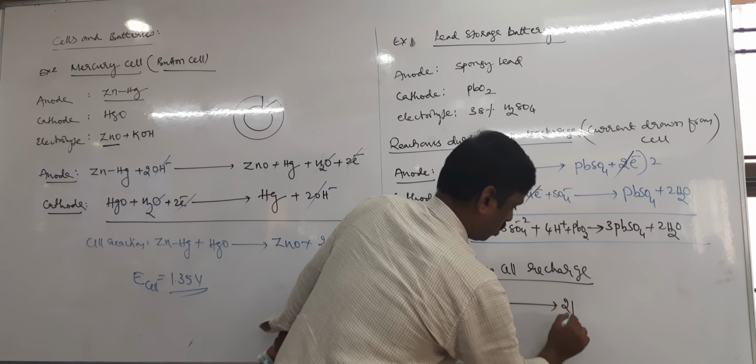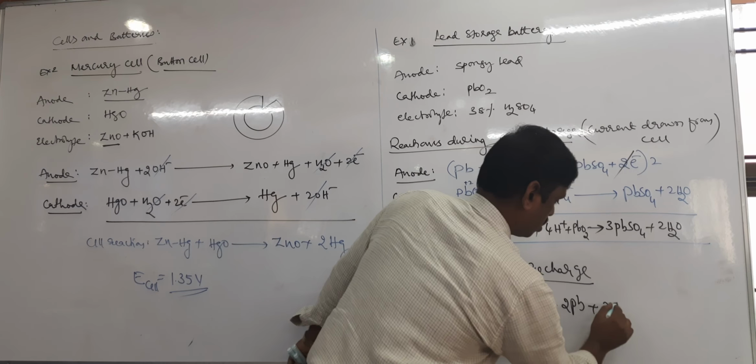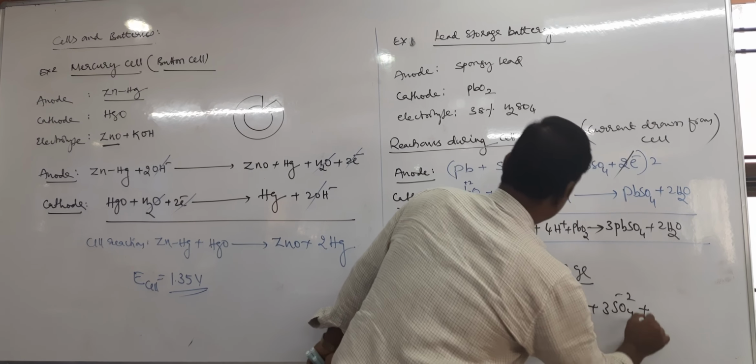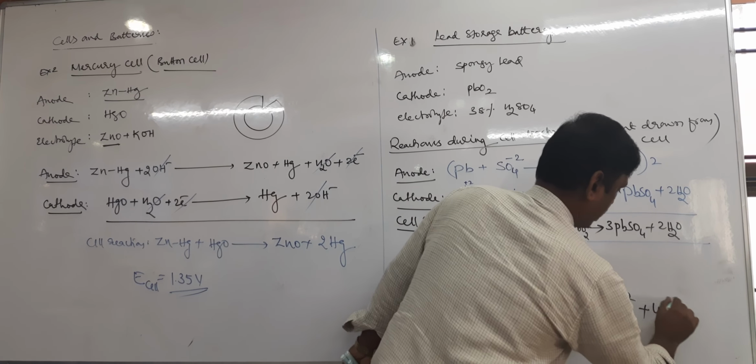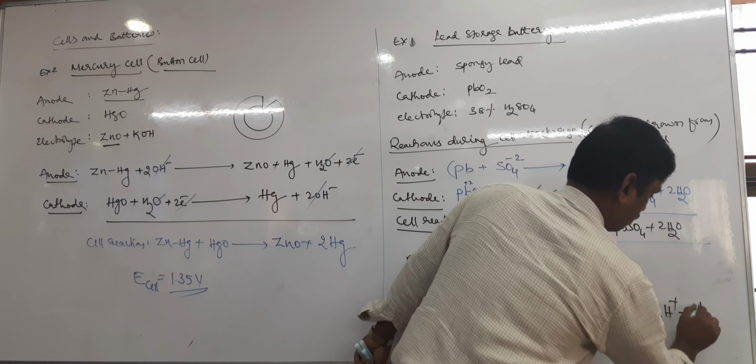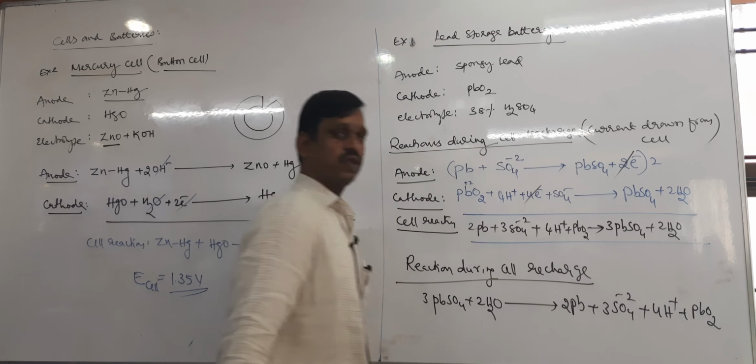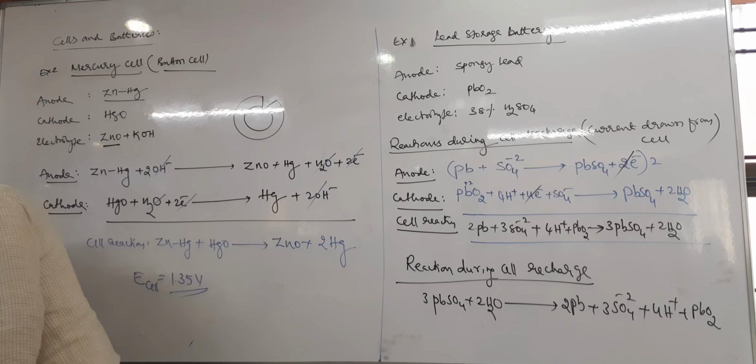So therefore 2 Pb plus 3 SO4 minus 2 plus 4 H plus plus PbO2. Take it down. So here the cell potential is approximately 2.05 volt.